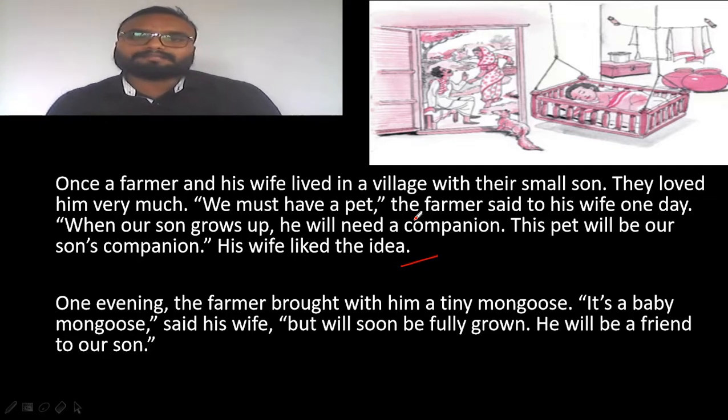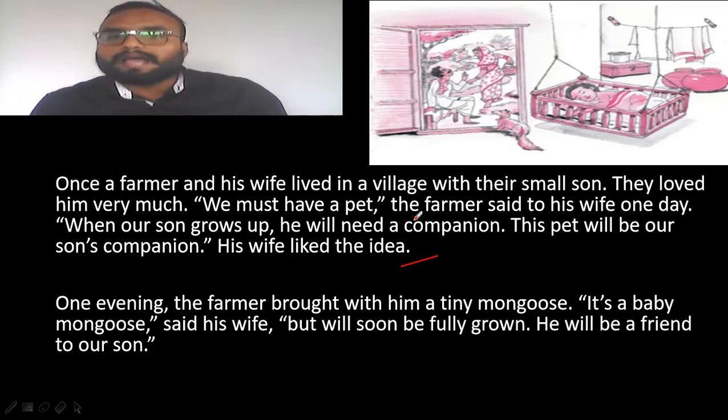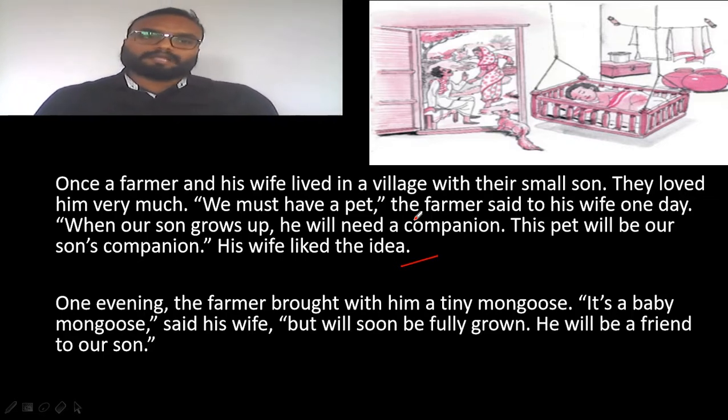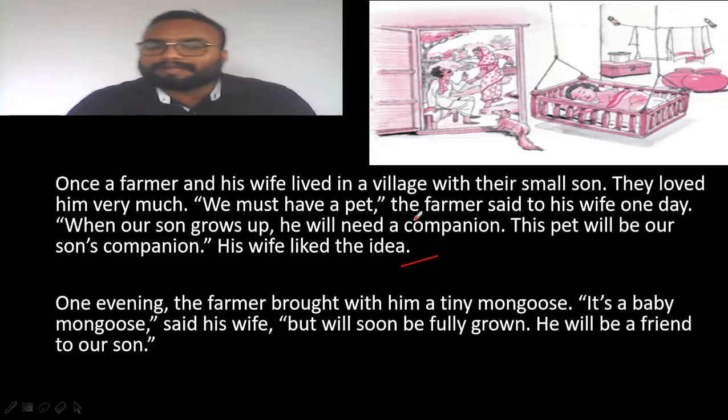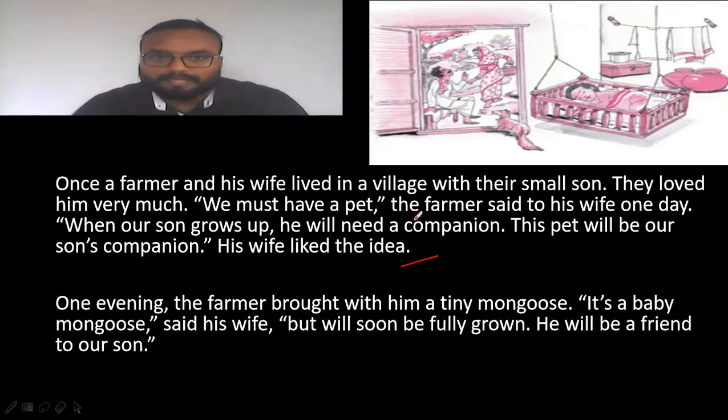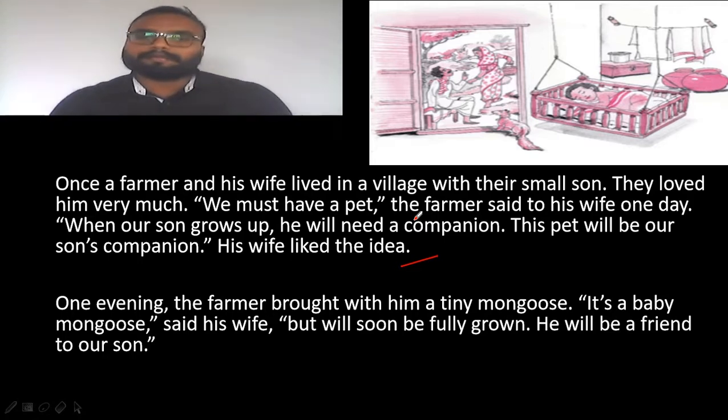As we don't have a second child, we should have a pet animal, so that the baby will find one friend in that pet animal, and he will be able to play and enjoy the company of that pet animal.